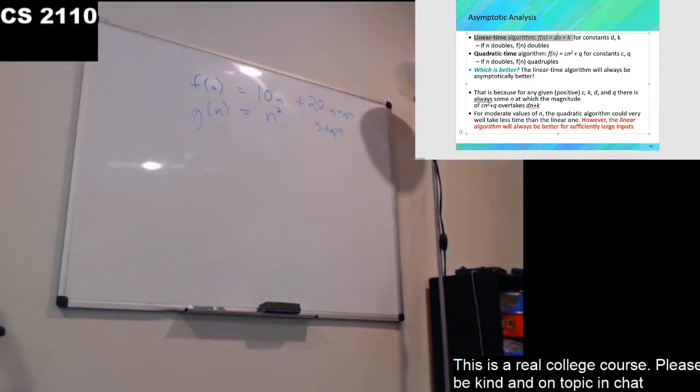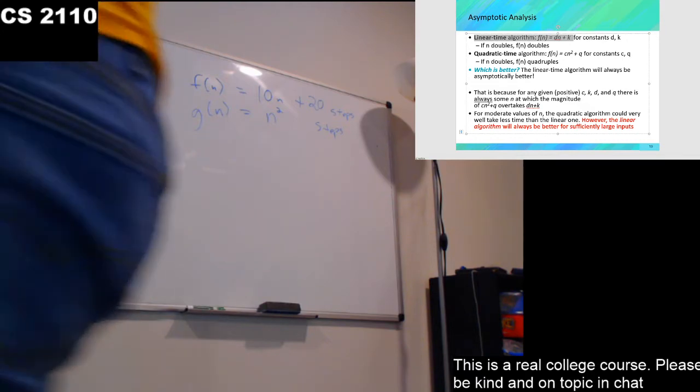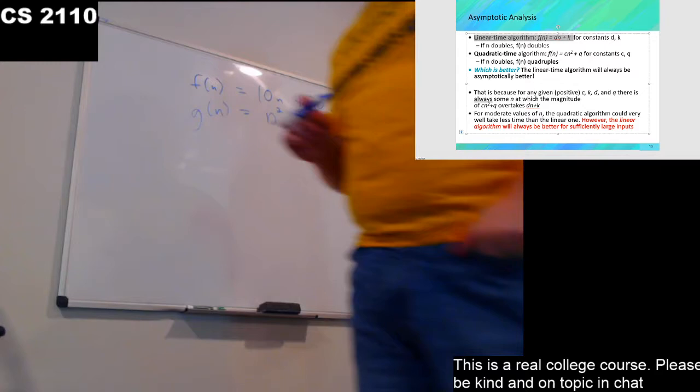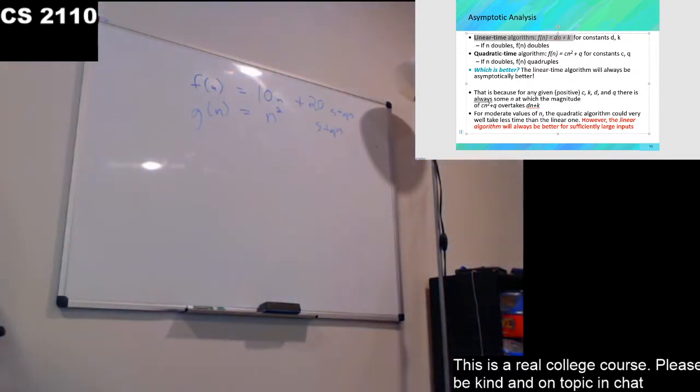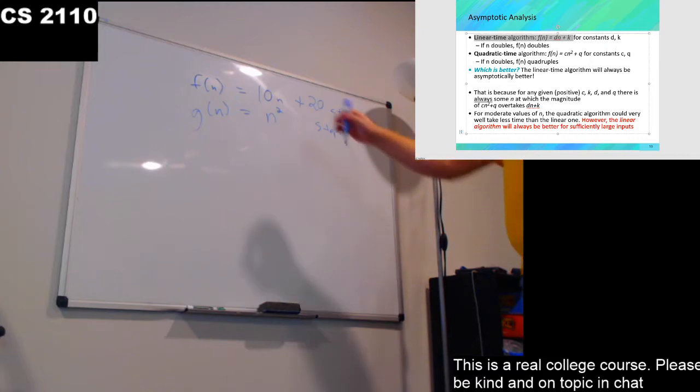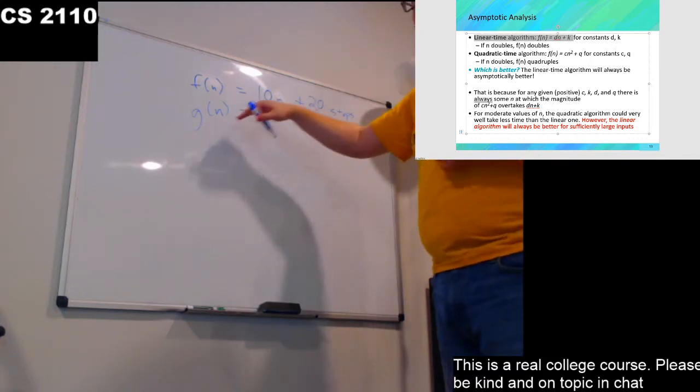f of n. Okay, but we just had someone say something that is absolutely correct. Depends. Why does it depend? Depends on n, right? It's assuming n is large. Now, how we define large matters, but here's the thing. The size of n, if it is smaller than some value, then g of n is actually better.